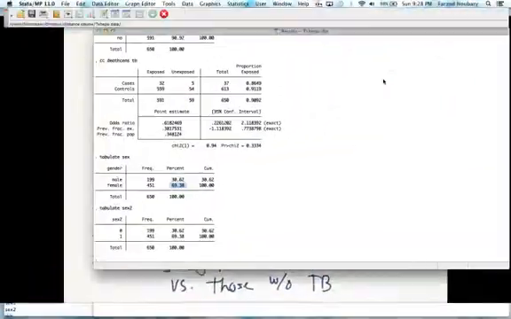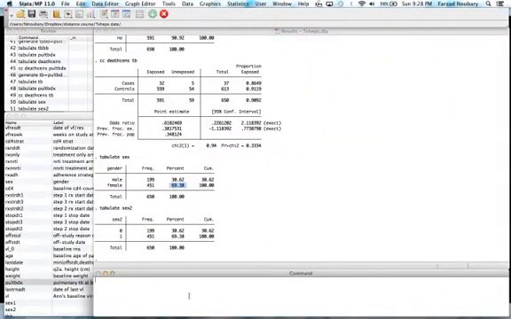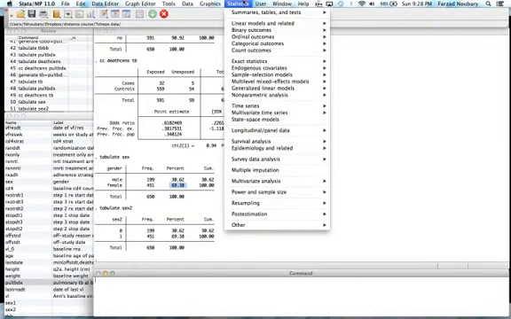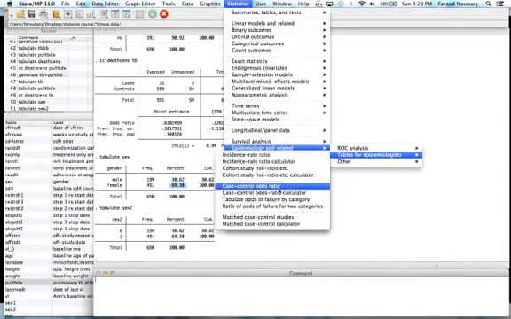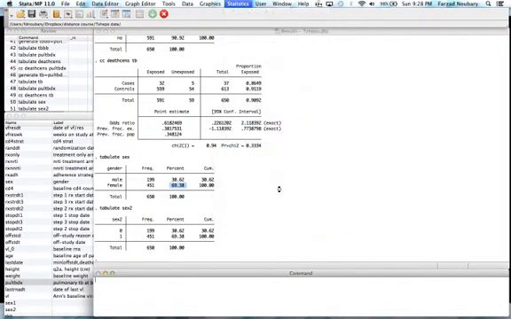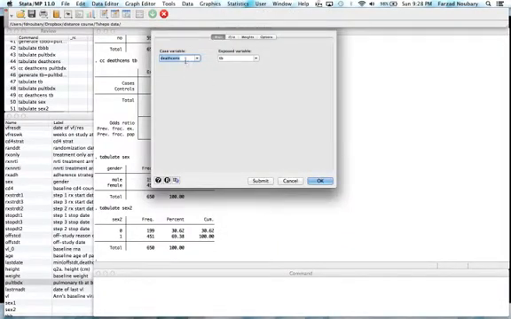So let's return to Stata. So we just have an additional piece. So we're going to go to the same spot we went to before, which is statistics, epidemiology and related, tables for epidemiologists, case control odds ratio. And again, my case variable is this death, CENS, tells me whether a patient died on the study or not.